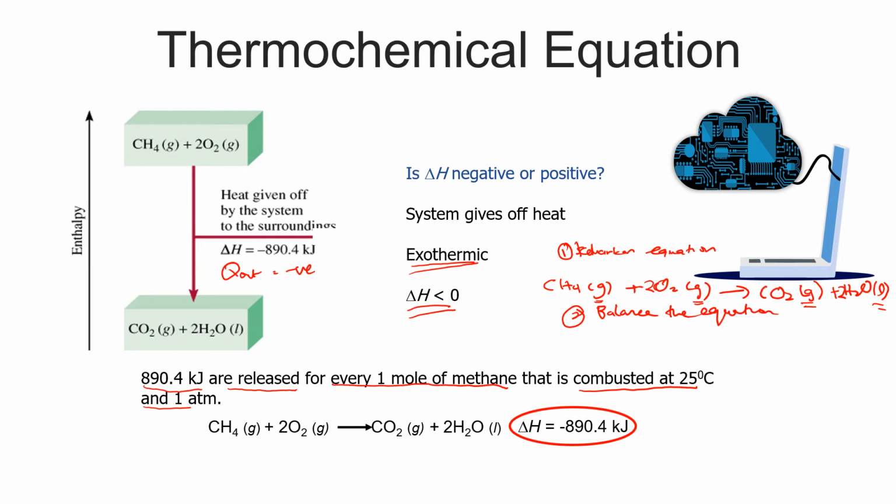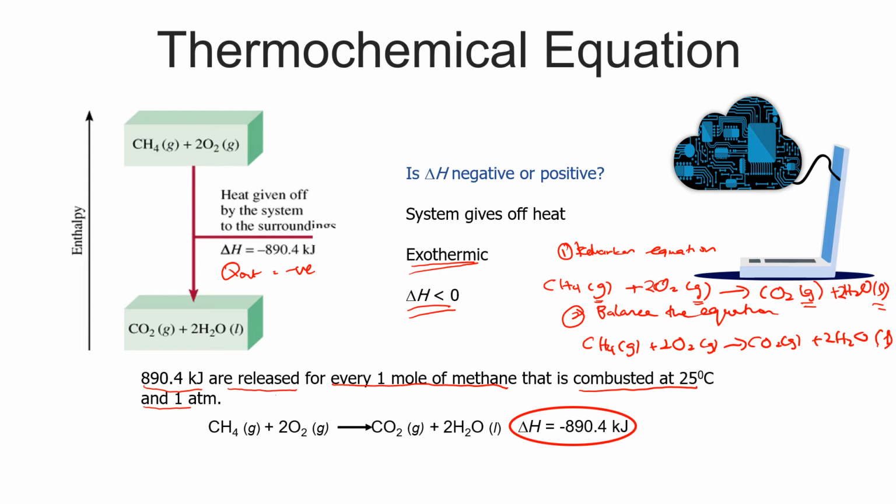So balance akan dapatlah CH4 gas plus 2O2 gas menghasilkan CO2 gas plus 2H2O liquid. Okay. So bila dia dah bagi 890 adalah release kan, release.